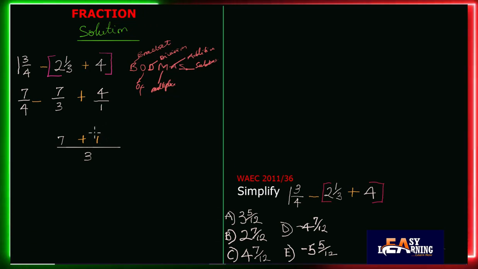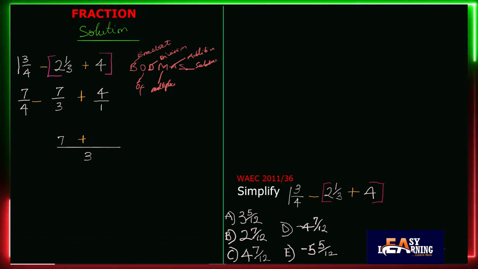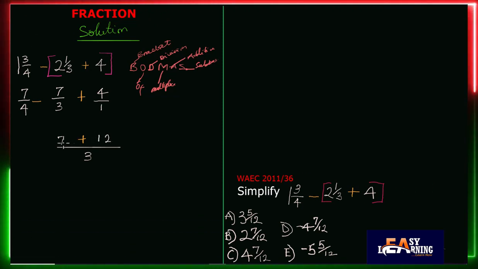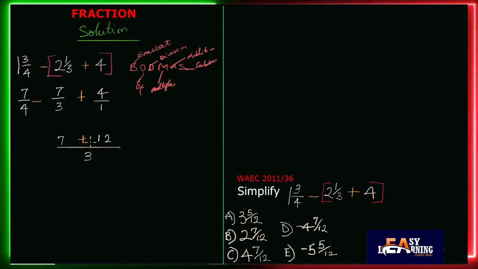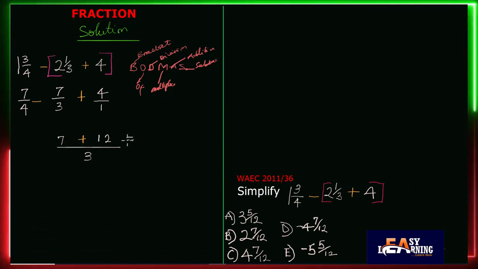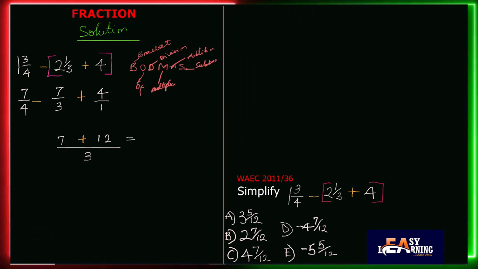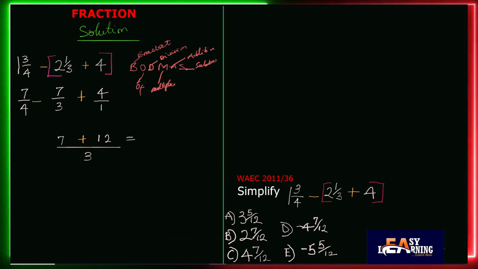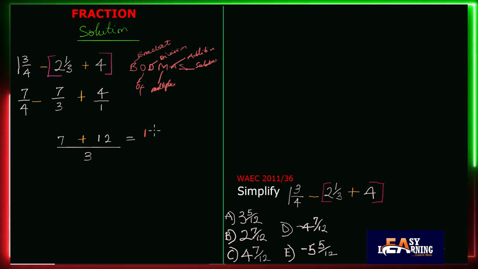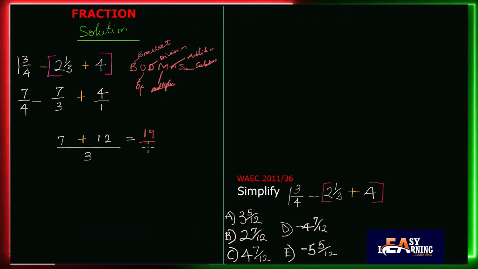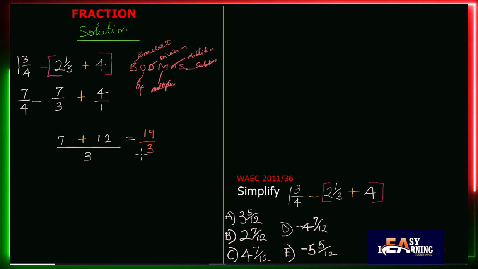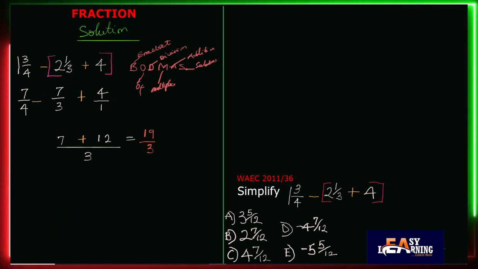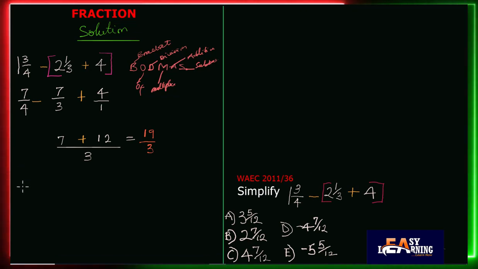Then we add it up: 7 plus 12 will give us 19. And we're going to have it as 19/3. So this bracket, we've been able to solve it to be 19/3.